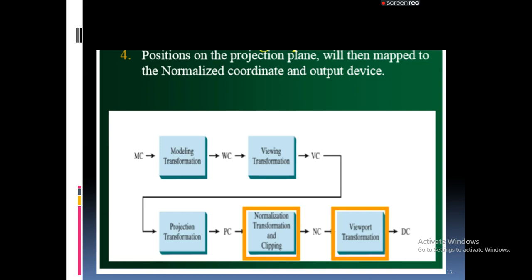Then I displayed one slide. That slide indicates what terms we are using in computer graphics and how these terms are similar to our real camera components. This I also discussed. Next, I discussed how we can map modeling coordinates of the three-dimensional object to the screen coordinates, or two-dimensional screen coordinates.